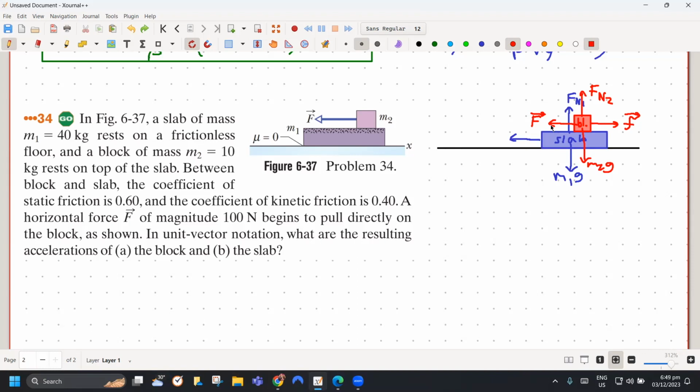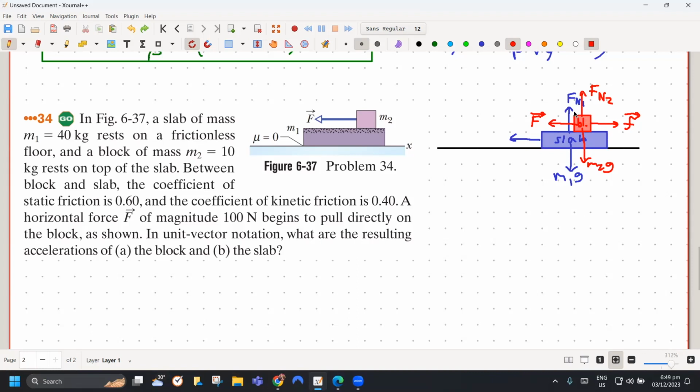There's an extra weight acting on the block. No, not yet. Let's look at the block first.